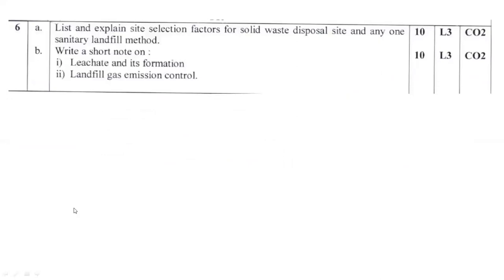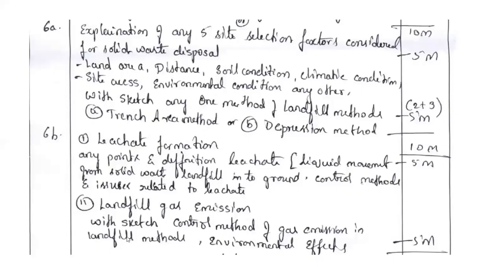Question number 6A. List and explain site selection factors for a solid waste disposal site and any one of the sanitary landfill methods. This is regarding site selection of a solid waste disposal site, and you have to explain any one sanitary landfill method. Question 6A carries 10 marks. How will you answer this? I'm here to help you out.